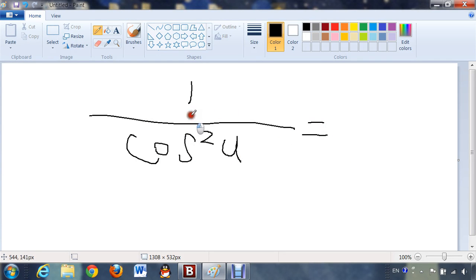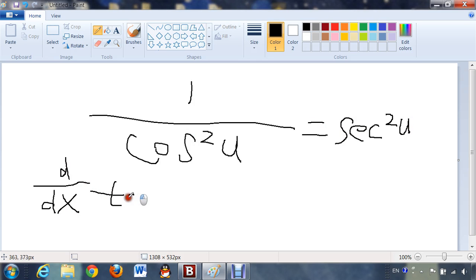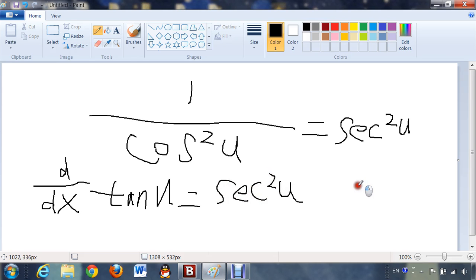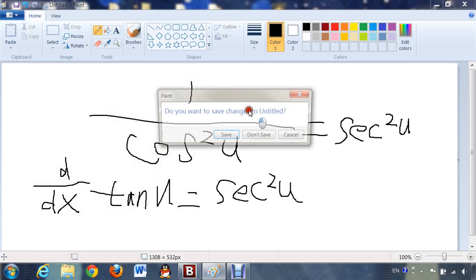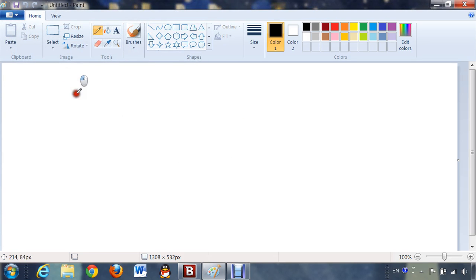And remember that this one can be also written in this way. So that's why the derivative of tangent of something is secant square something. Yep. We can also prove another one. Every one of them can be derived.